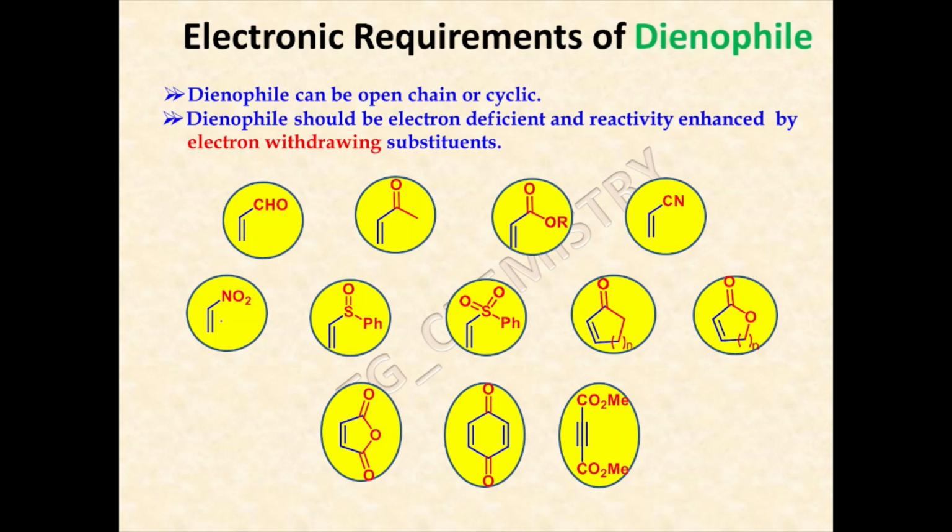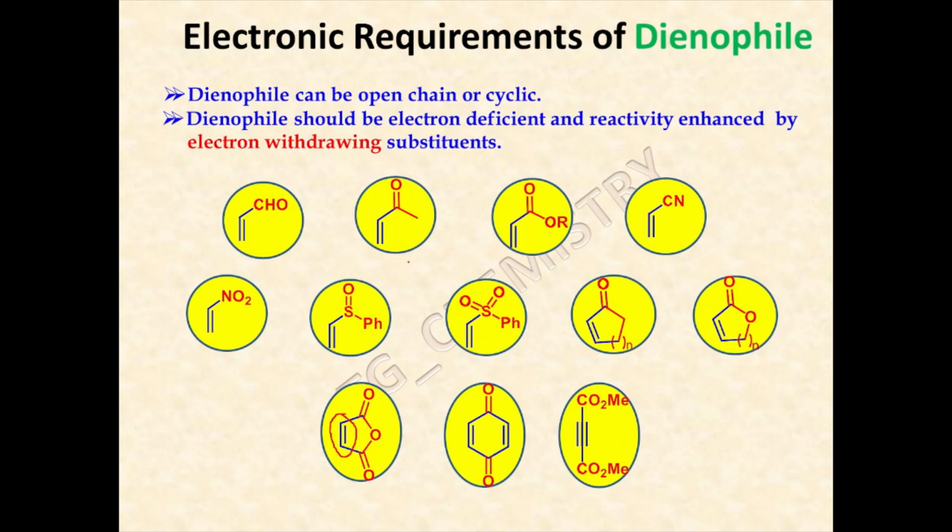So in case of the open chain dienophile systems, which are shown over here, in most of the cases you see some electron withdrawing groups or heteroatoms attached to the olefin system, thereby making the dienophiles electron deficient. And also you can see some cyclic dienophiles here. So this is the dienophile system, the anhydride with the dienophile system, and this is an alkyne which can be used as the dienophile as well.